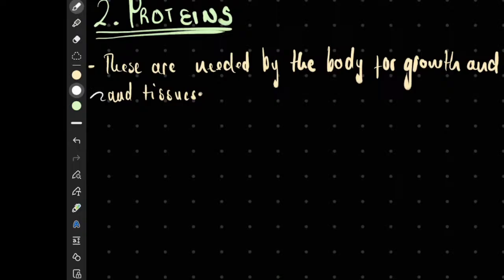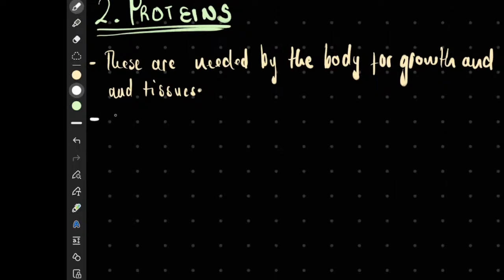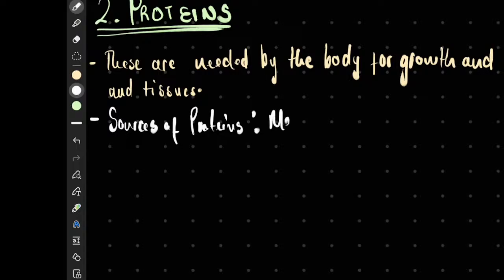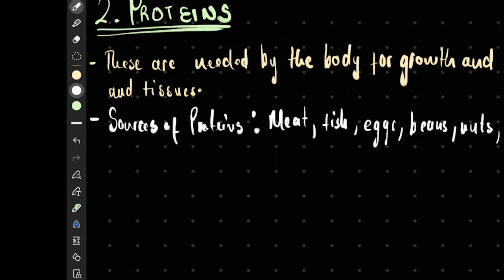These are needed for this. Then I'm going to rewrite. Let's put sources of proteins. I'm going to be moving fast. Where do you get proteins? Which foods should you eat? Eat meat, eat fish if you want to have growth of your cells and repair of some cells and tissues. Eat meat, eat fish, eat eggs, eat beans, eat nuts, eat pulses, etc. These are good sources of protein.